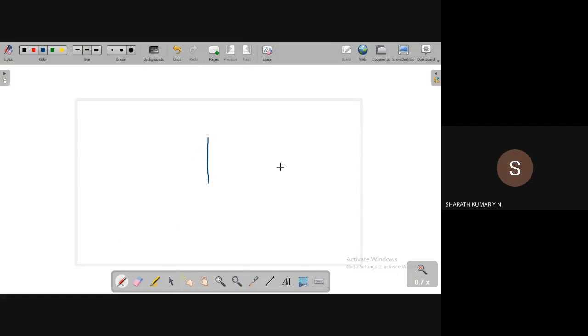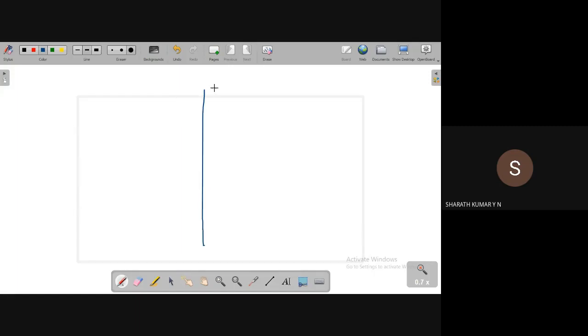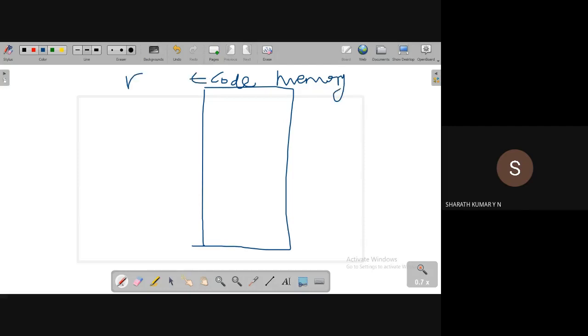So let us say we have a memory block where the instructions are stored. The memory where the instructions are stored is called code memory. Why code? Of course, you know very well, in programming language code refers to program. Program memory is also called ROM, read-only memory.